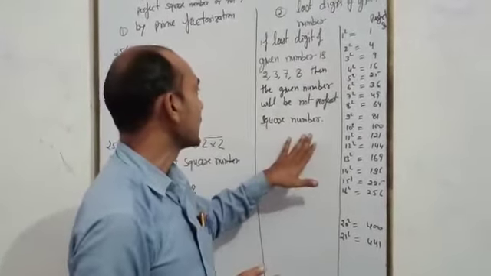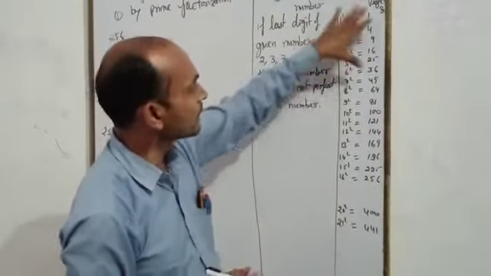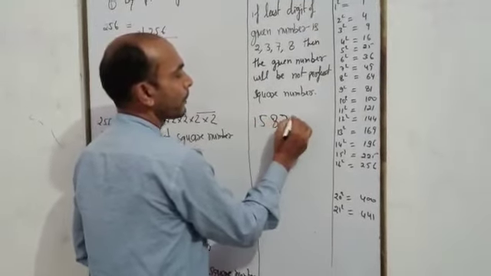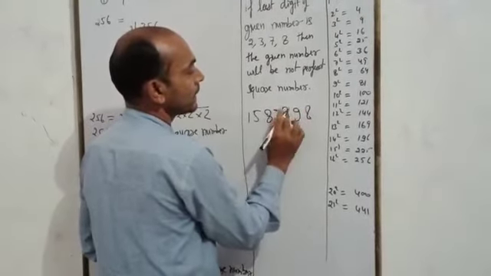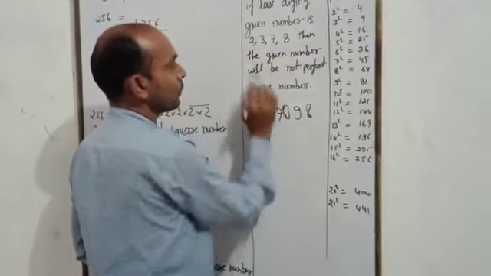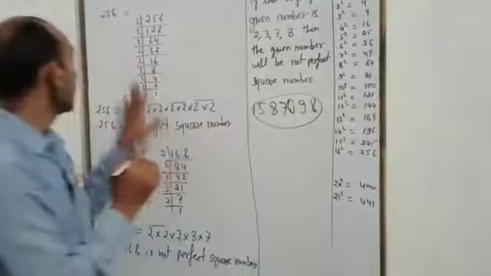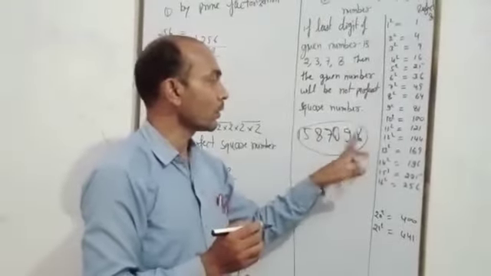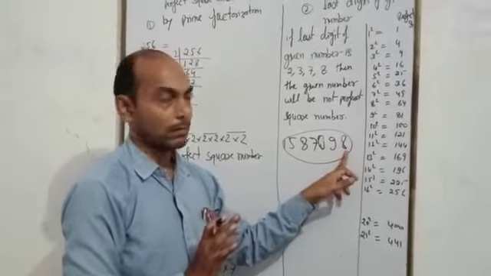That means, in Hindi, अगर लास्ट में जो डिजिट्स है 2, 3, 7 और 8 है किसी भी नंबर्स का, not only a small number, any number that is given. If the last digit is 8 or 7 or 3 or 2, there is no need to find the prime factorization. By seeing the last digit, the ones place digit, we can find out whether it is a perfect square or not.